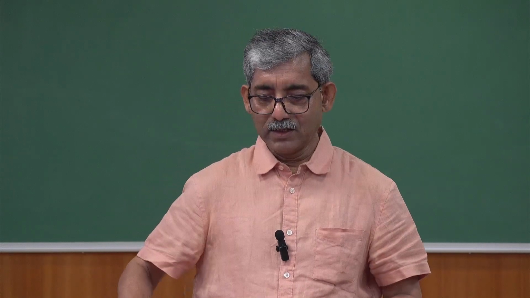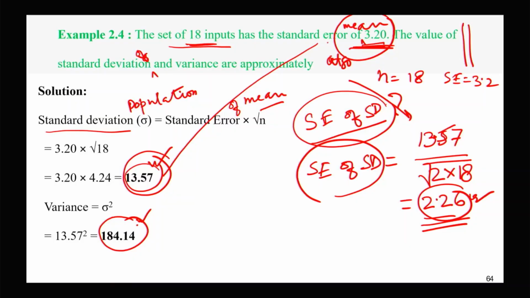Now, here if we increase the number of inputs, in place of 18, where the standard error of mean is 3.2, what will be the standard error of mean for say 50 inputs?